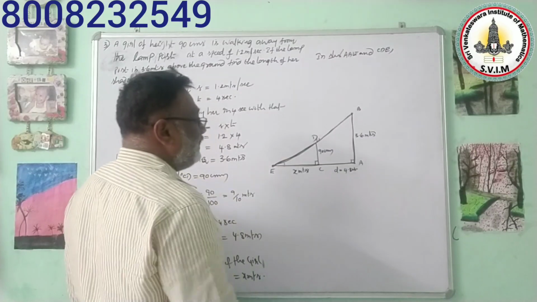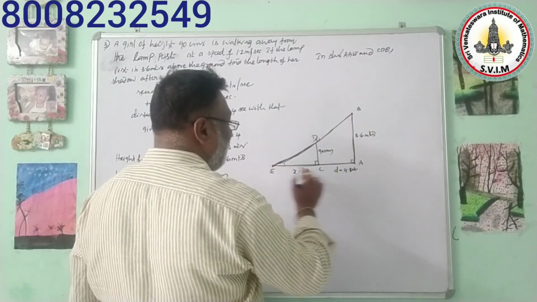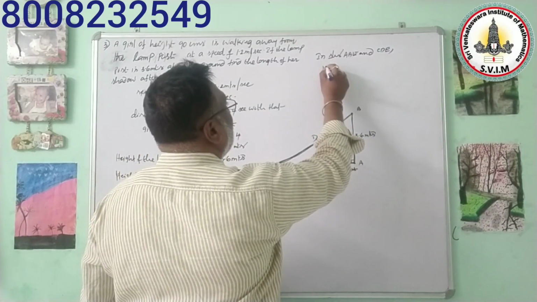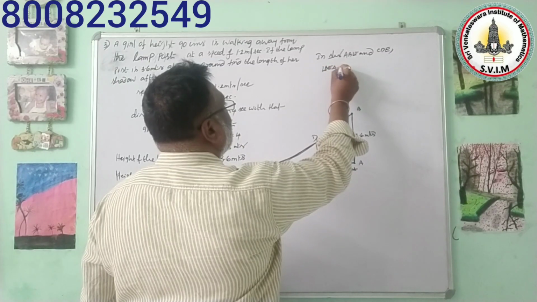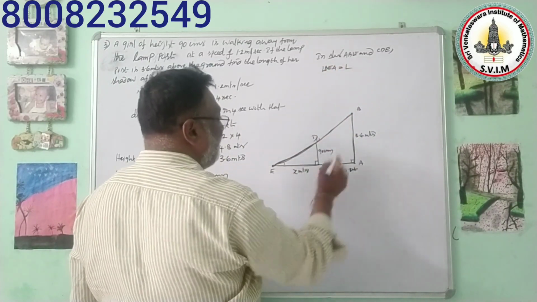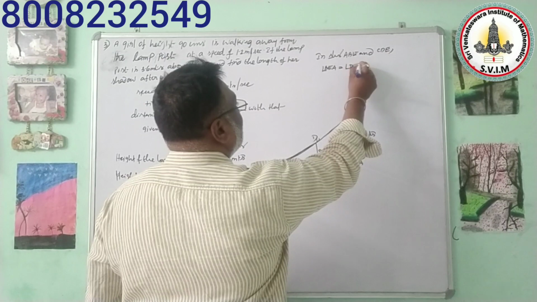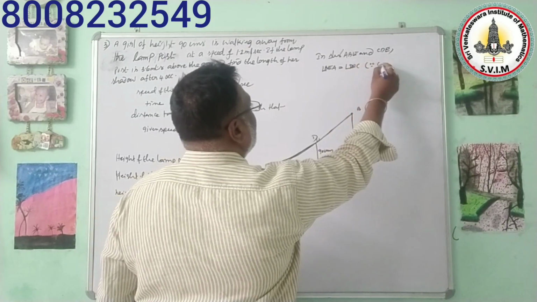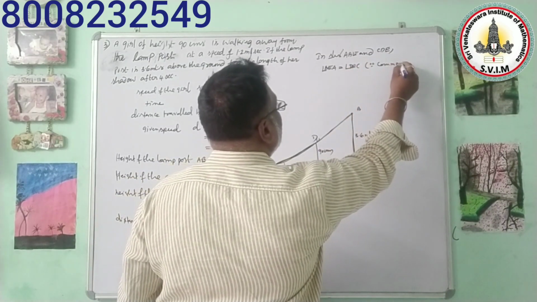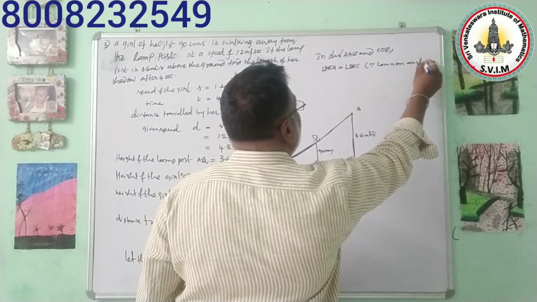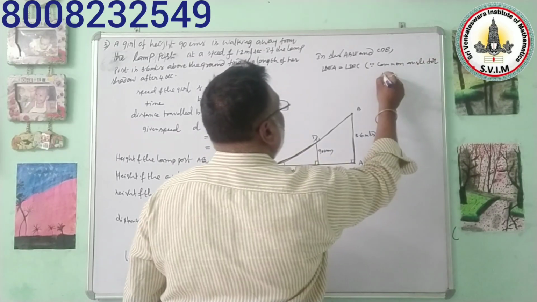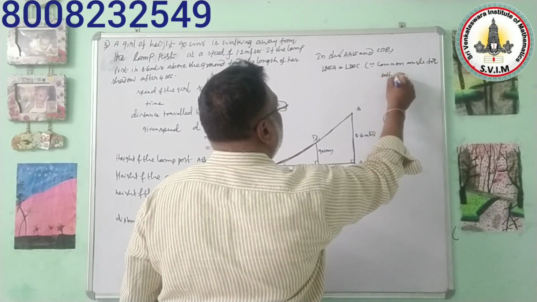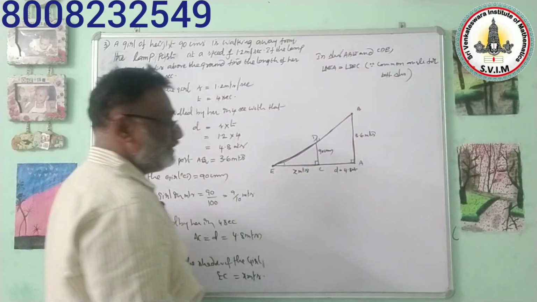in these two triangles, angle BEA is equal to angle DEC. This is a common angle for both triangles.